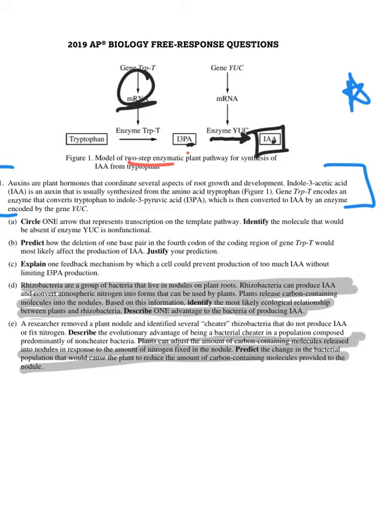If I delete any piece of this TRP T, we would imagine that along the way, if this is not made, we're not making this, which means we're not making this. So it's going to decrease in some way, is my first thought, because this enzyme is not going to be able to be made. If you have a deletion that's a frameshift, this is a mutation that's going to affect this TRP T a lot.